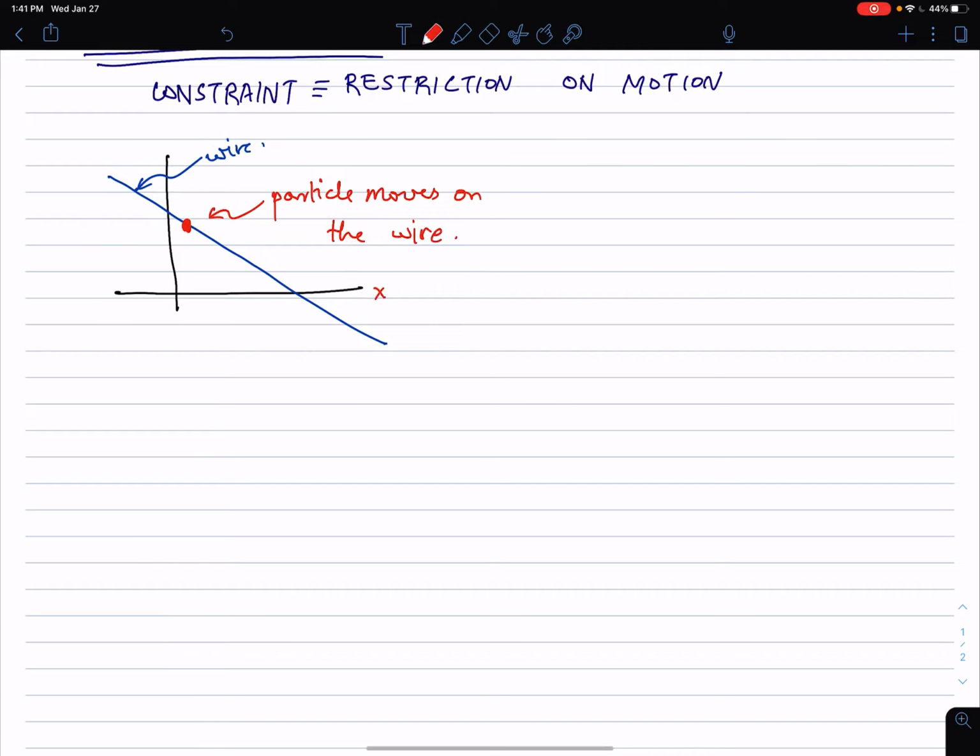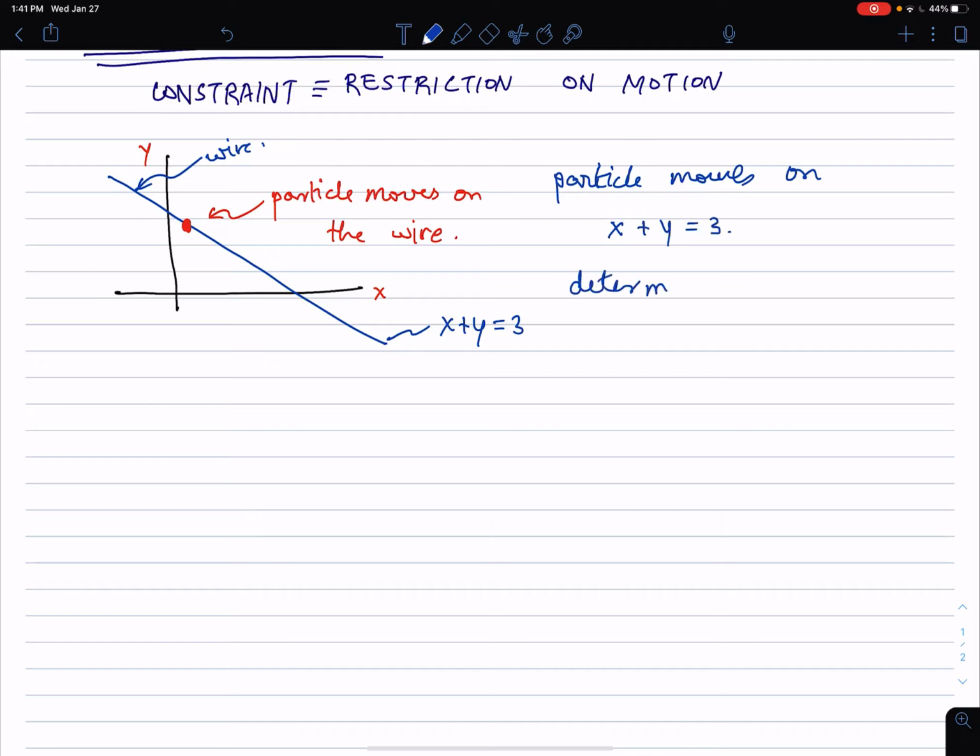Let's say we have x and y, and let's say the equation of this line is x plus y equals 3. Then the particle moves on x plus y equals 3.